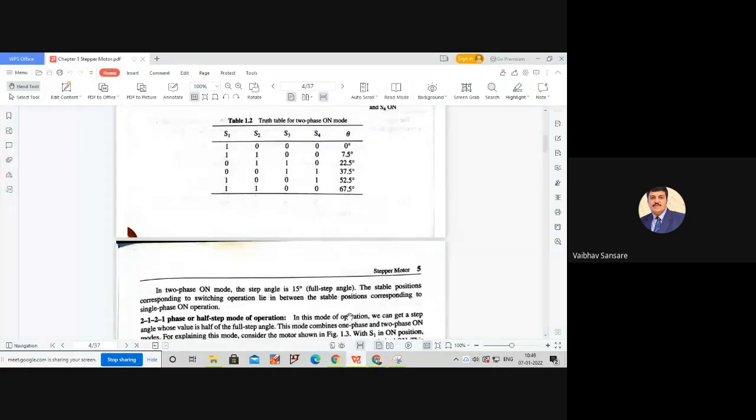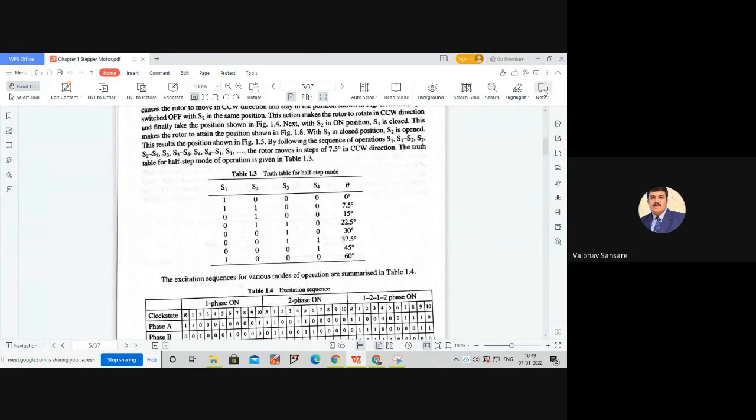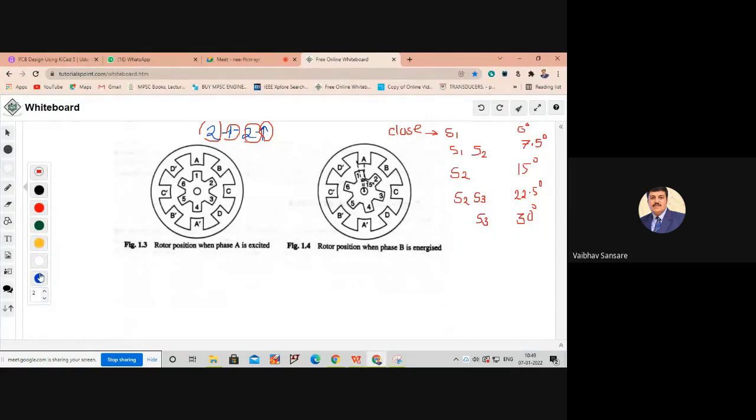So if I consider the truth table of this half step mode of operation, this will be the truth table. So what will be the switching sequence? I will give you that switching sequence.